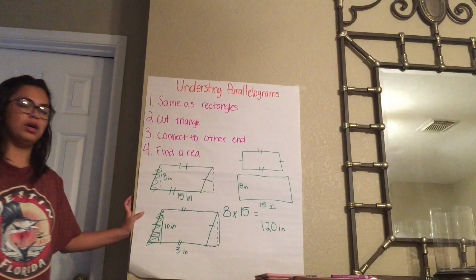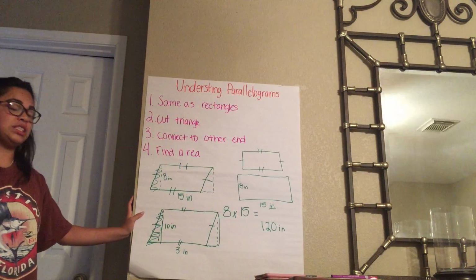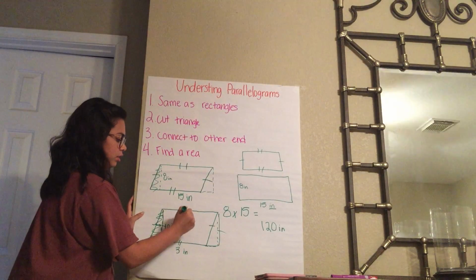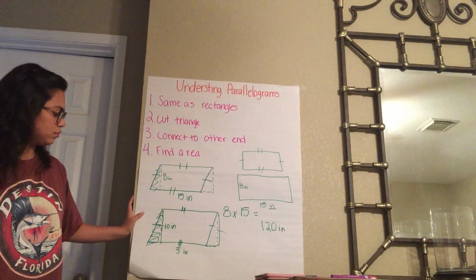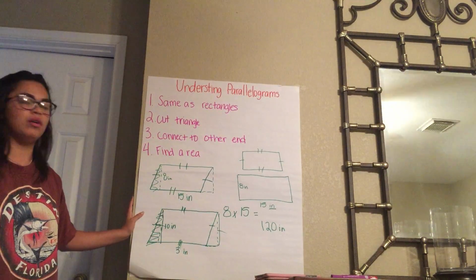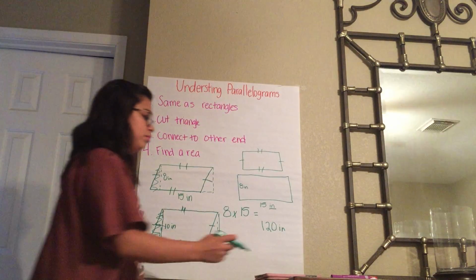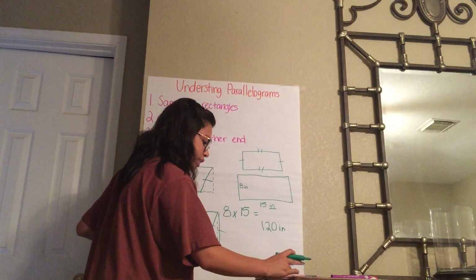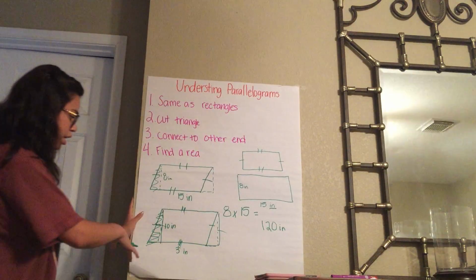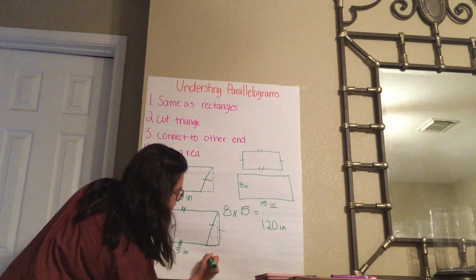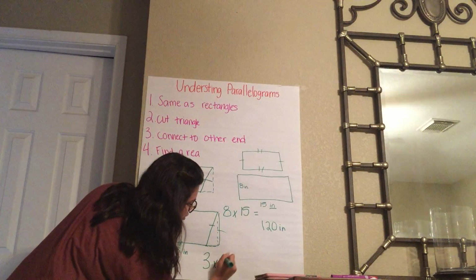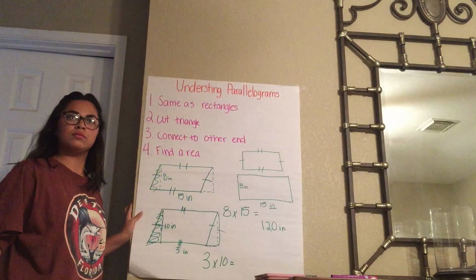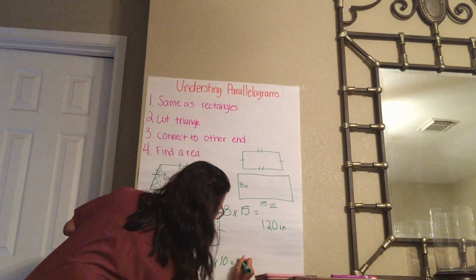That is our new shape. And if you'll notice, these sides are still equal. So how do you figure out the area of a rectangle? You do base times height. So we're gonna do 3 times 10. And that equals what? 30, yep.